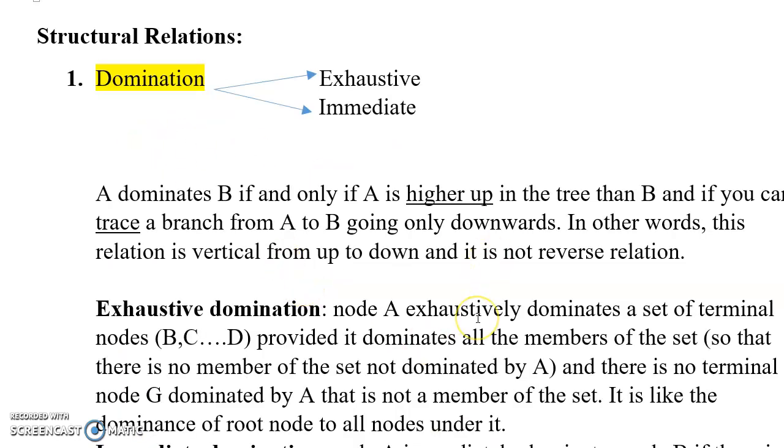Dominance or domination means: A dominates B if and only if A is higher up in the tree than B, and if you can trace a branch from A to B going only downwards.